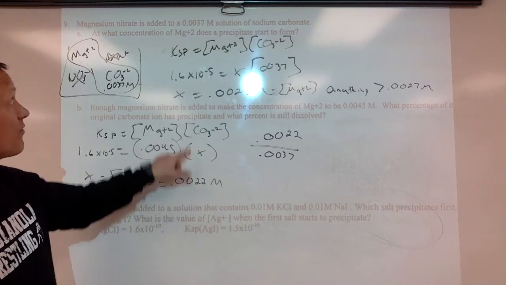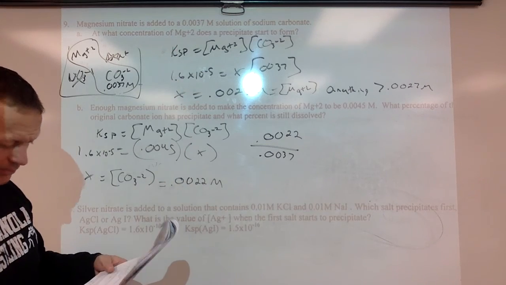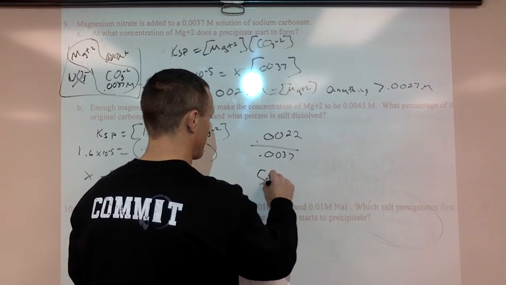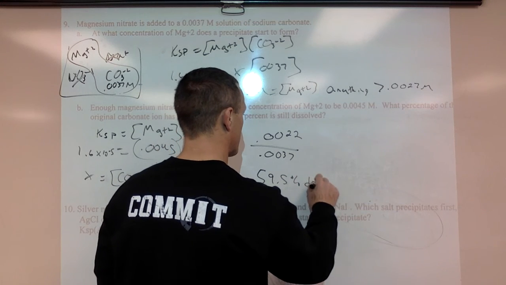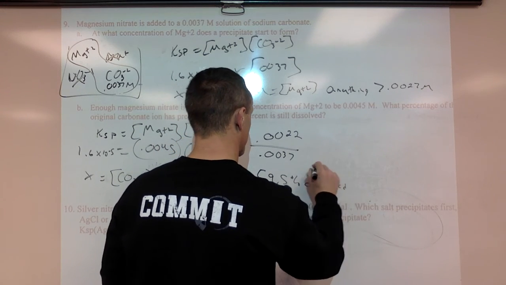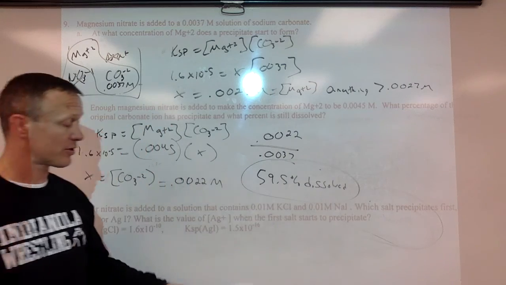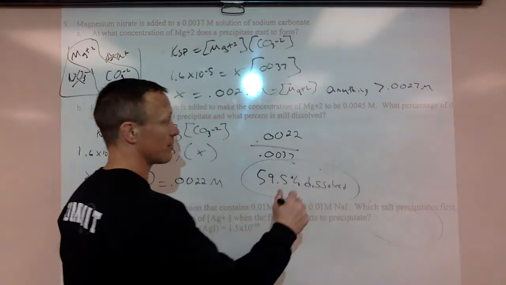So this is the amount dissolved out of the amount that was dissolved originally, which equals 59.5% still dissolved. That means the rest precipitated out, so 40.5% precipitated out.